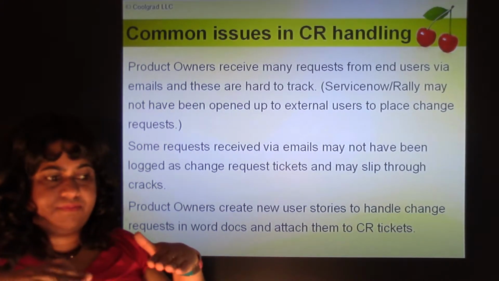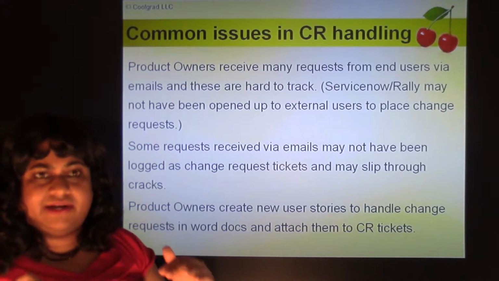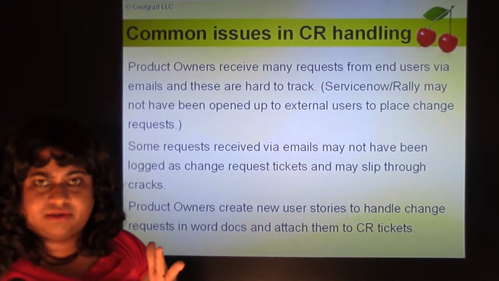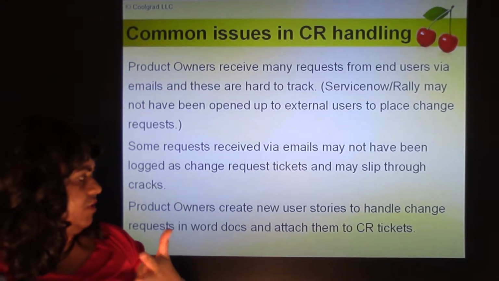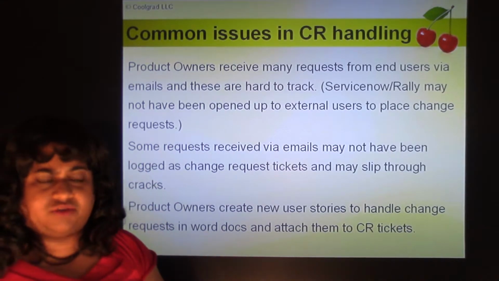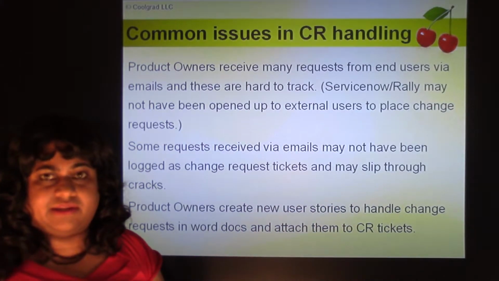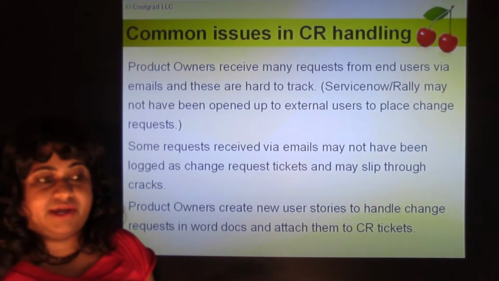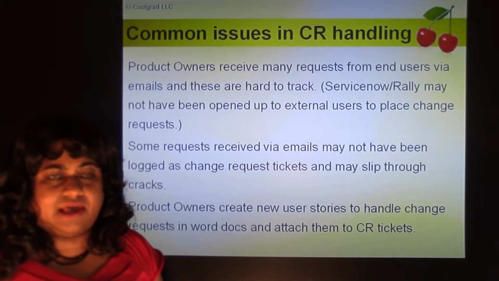Once the submitted change request goes through the first level of validation, if it's a valid CR or ER, the product owners have to create user stories to handle it. Sometimes, if they get a CR through an email, they just create a user story in a Word document and think they can attach it later on. And then it's difficult to duplicate the data into the story, and it's difficult to track it, and things like these happen.